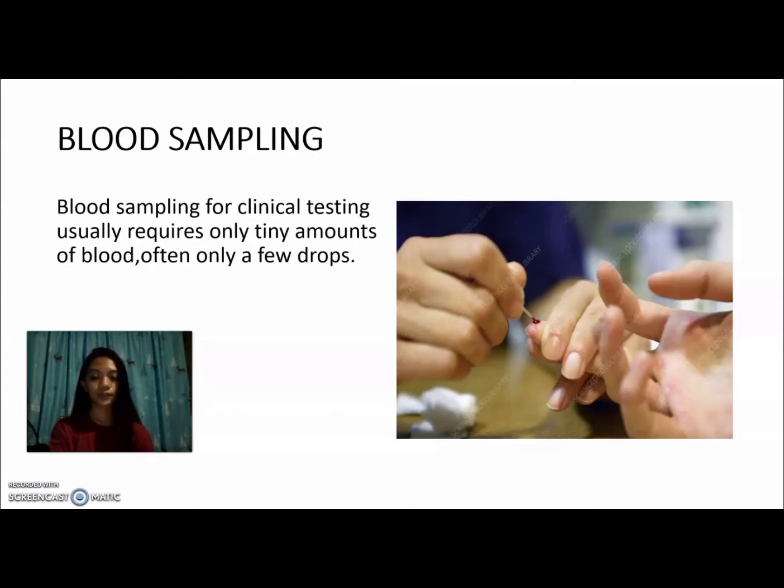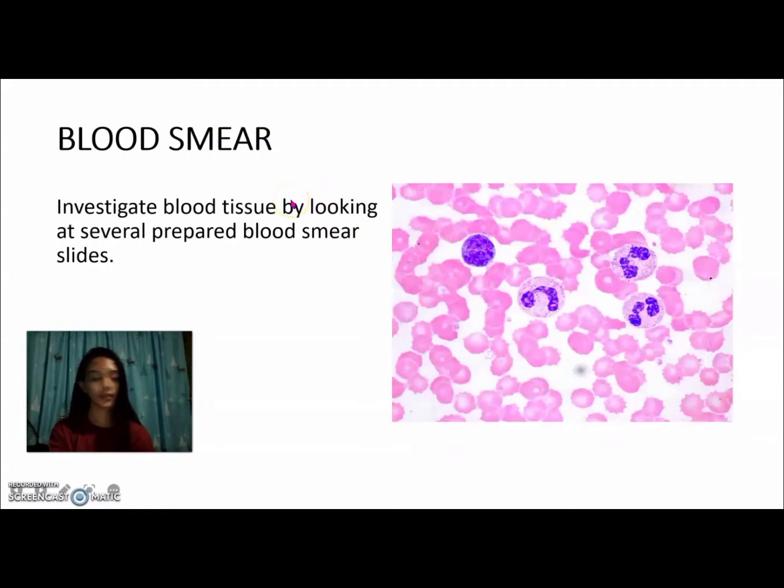Example is yung pinag-test mo ng sugar ng blood or blood typing. Kahit few drop lang na blood ay madedetermine mo kung anong type na blood using a liquid na ipapatak mo doon sa blood. Next is blood smear.